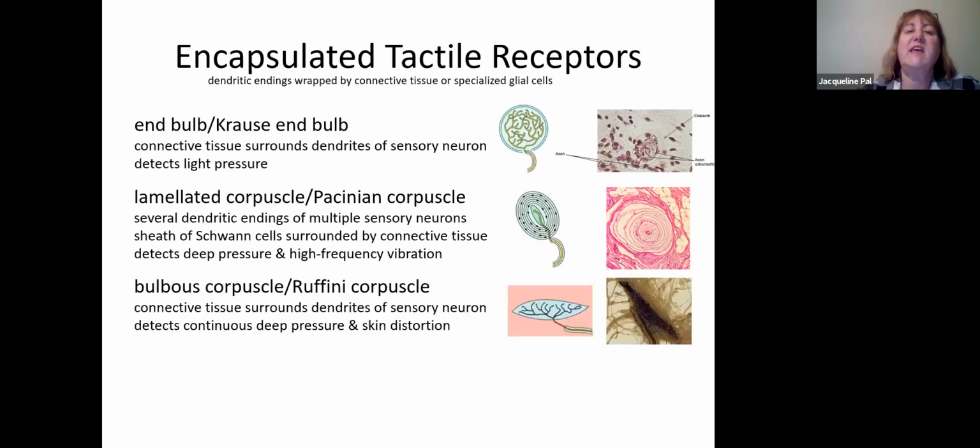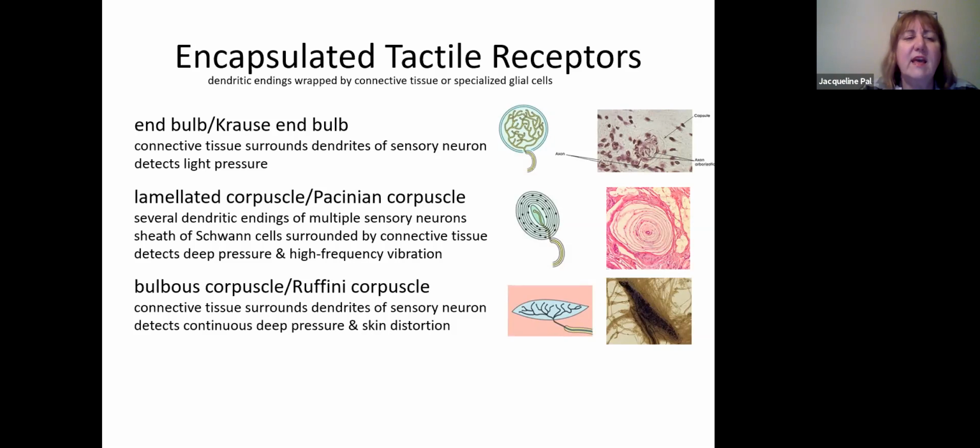Our third type of encapsulated receptor is called the bulbous corpuscle or the Ruffini corpuscle. This is the one that kind of looks like a flattened UFO, okay? And so we have some dendrites going into this, and we are back to surrounding it with connective tissue.